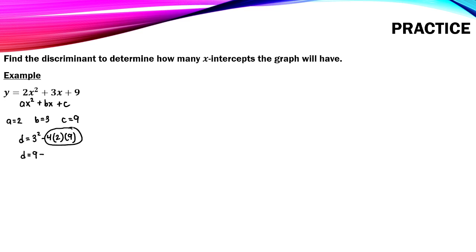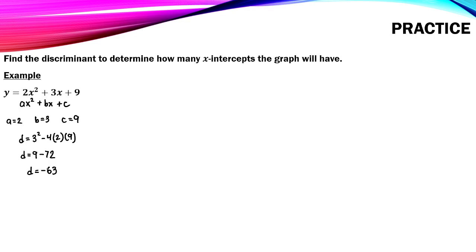Let's do the 4 times 2 times 9. 4 times 2 is 8. 8 times 9 is 72. So we get 9 minus 72. Could do that in your head, or you could plug in your calculator. I believe this is going to give you negative 63, right? Yes, negative 63.